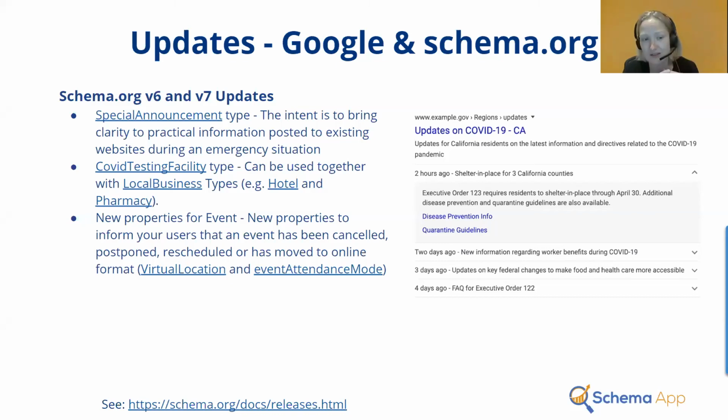Some good news, like the virtual location, the fact that you can now do that and that they're going to show those in features is amazing. And like I shared earlier, and I'll make sure to add it to this slide so it's also there, we do have a COVID-19 guide, and at Schema App, we're happy to help companies, whoever they are, implement that on their special announcement page. So if there's any help that we can provide, you can reach out to me directly, or to support@schemaapp.com. We're happy to do that as our way of giving back.